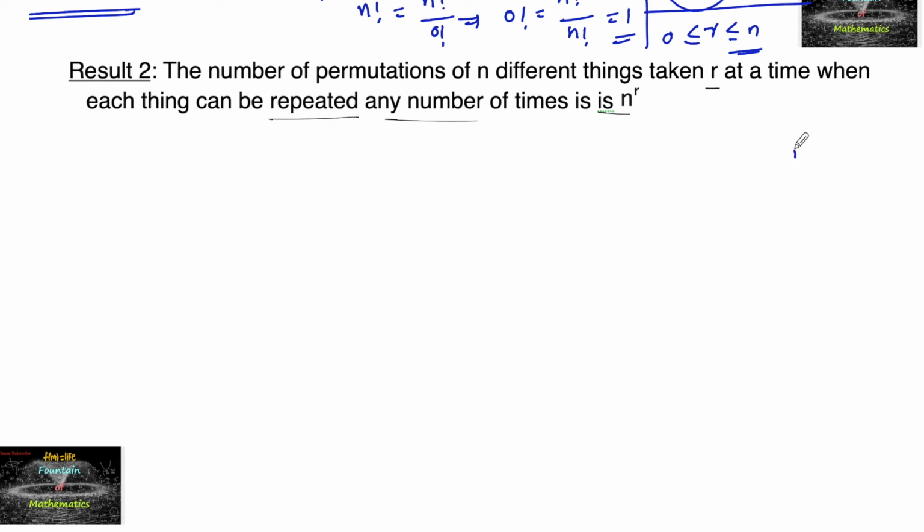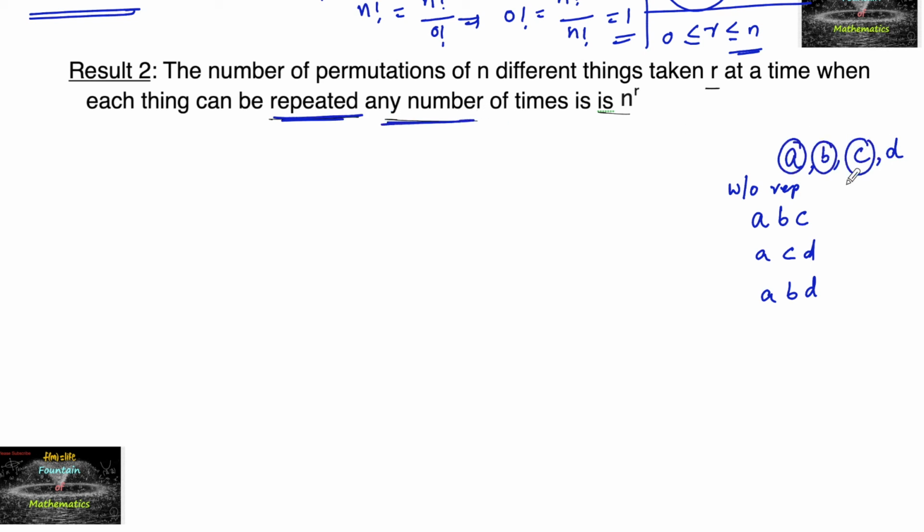Let me take four objects A, B, C, D. Among these four objects, we have to select three objects and arrange them. We can arrange A, B, C, or A, C, D, or A, B, D, and so on, without repetition. Suppose repetition is allowed, when each object can be repeated any number of times.